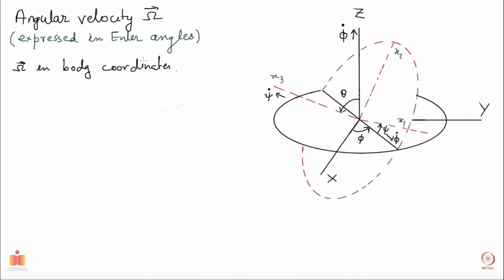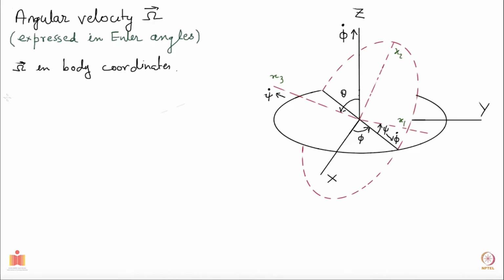What I should do is first find out the components of phi dot, psi dot and theta dot along the body axes, and from that I will extract omega 1, omega 2 and omega 3.